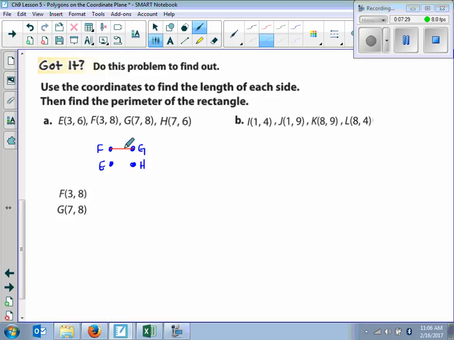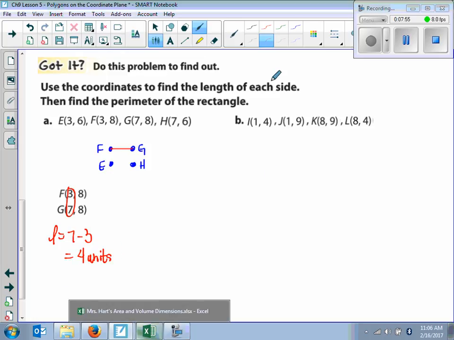Is that going to be the length or the width? That's going to be the length, right? So the length we're going to find by subtracting, because we have the same y value, we're going to subtract the x values. So 7 minus 3 is equal to 4 units, right?